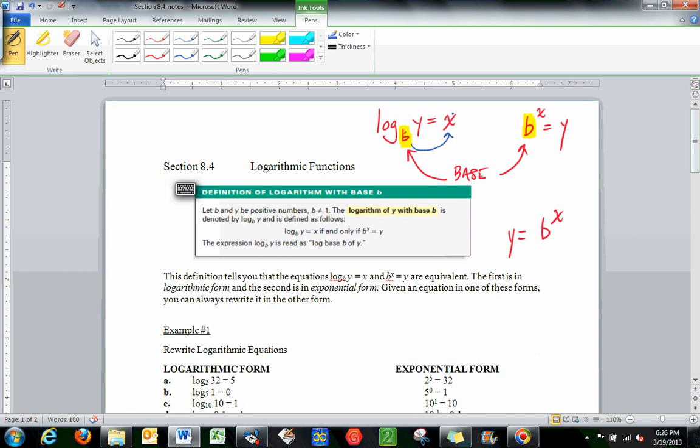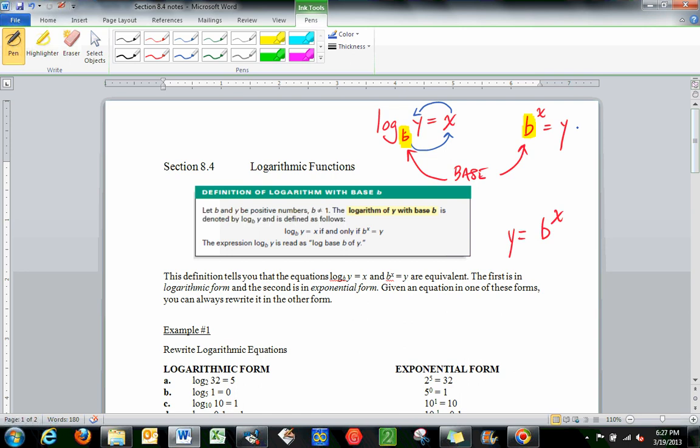And then, of course, when we raise it to that power, it's going to be equal to what the log had in the other form. So this is just a little shortcut. It's like a little circle to help you realize that if we take b and raise it to the x power, then that would equal y. So just a little shortcut on how to write log form to exponential form.